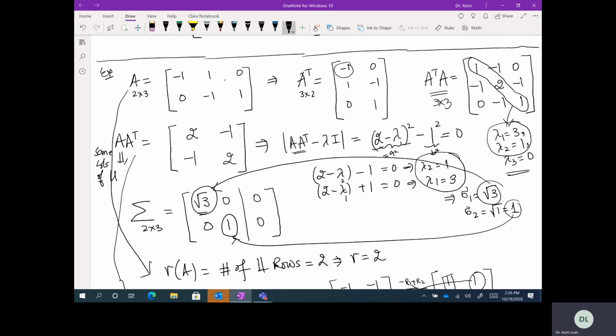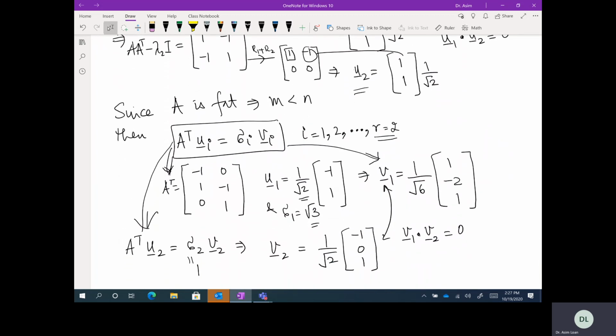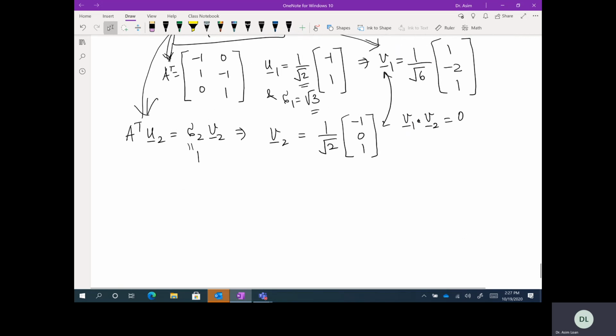I can find it from here too, but I'm going to actually use the null space information, which says A V_i is equal to 0 for i equals r plus 1 up to n. So this is 2 plus 1, which is 3, and n is 3, so I only need 1. So V3 belongs to the null space of A.